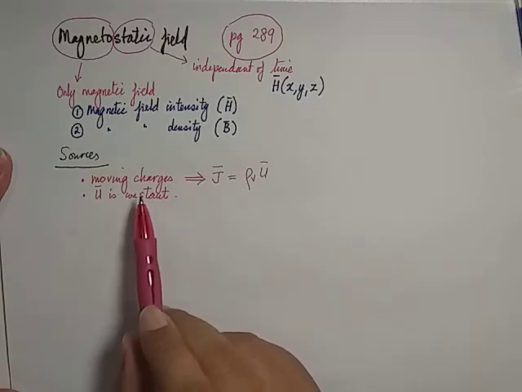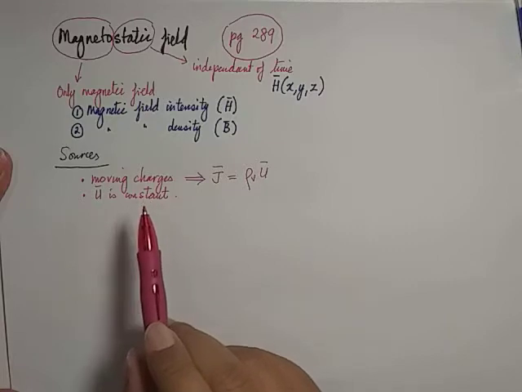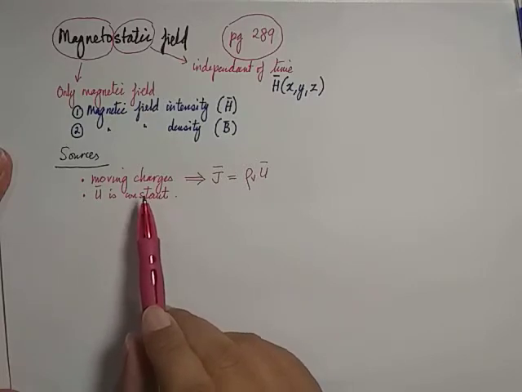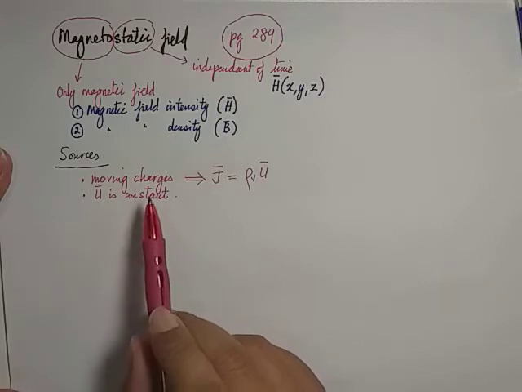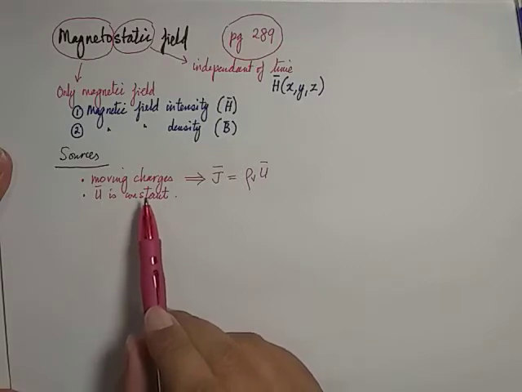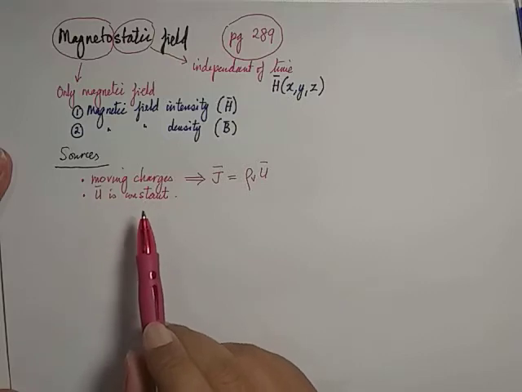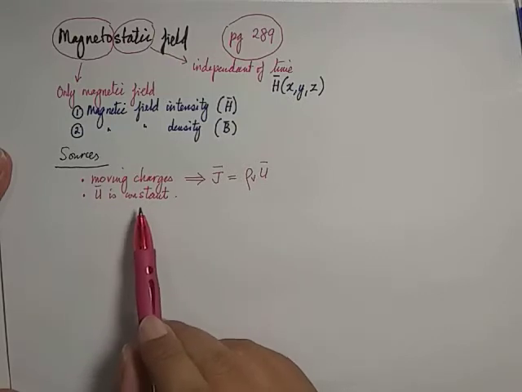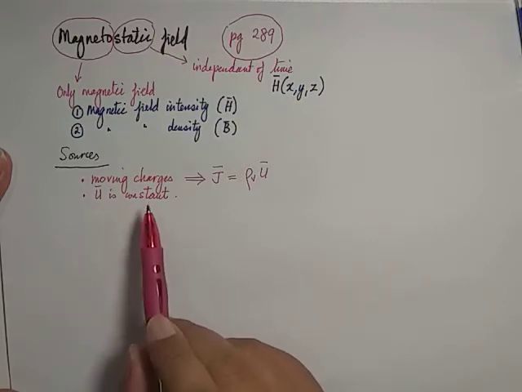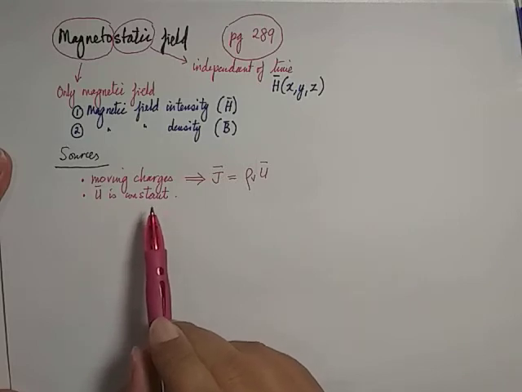And when you apply acceleration to it, or the velocity is varying, it generates electromagnetic field. But our concern at this stage is the charge moving with constant speed.